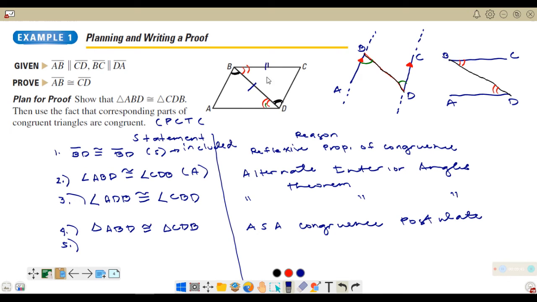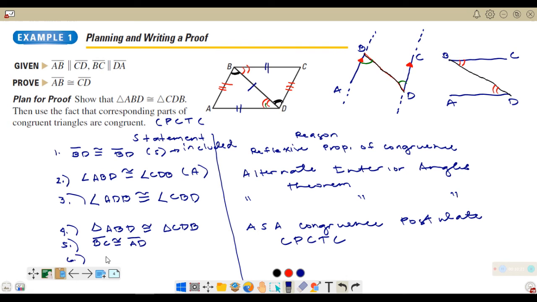So, dito, we have BC is congruent to AD. They are both sides of angle CBD and angle ADB, which are congruent. And the third side that are congruent are these two, AB and CD. So ito ay through CPCTC.